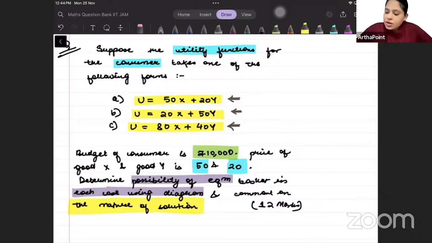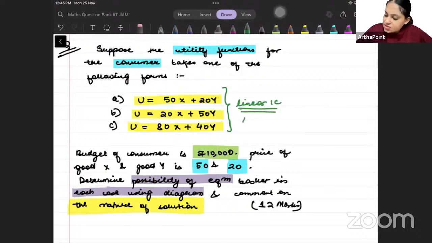As you may be aware, these are linear indifference curves, linear ICs. It means that you have substitute goods. So use that property and try to solve.